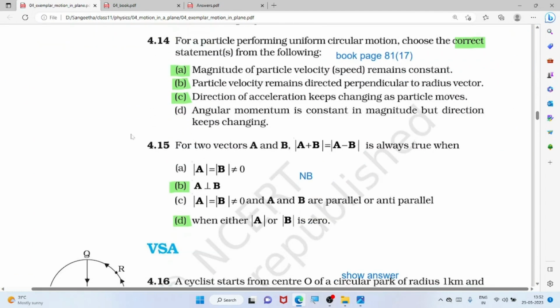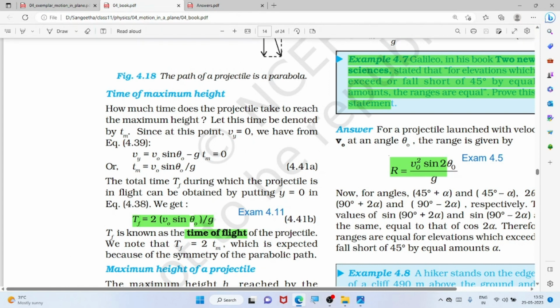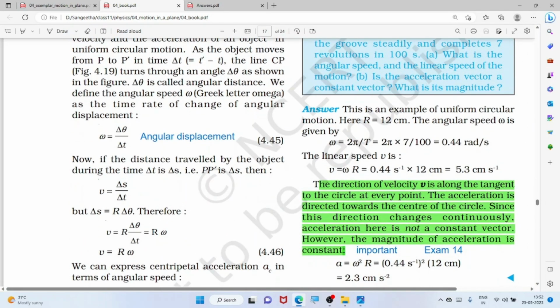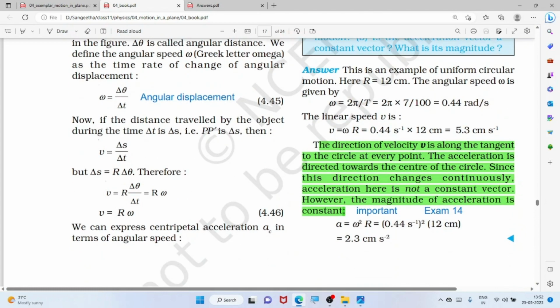For a particle performing uniform circular motion, choose the correct statement. Okay, these things are correct in the book 17. So here in the circular motion, see they have given which direction is the acceleration, all this information they have given. You can go through it.